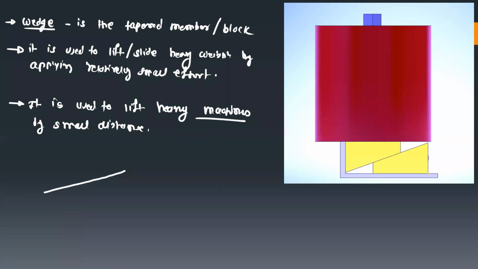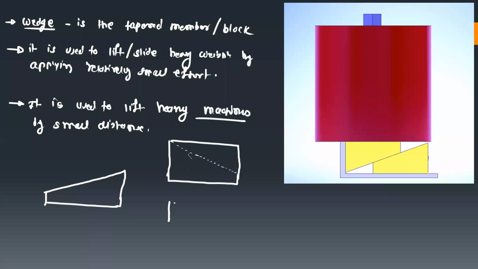So this is the general shape of the wedge. If you consider a rectangular object like this, and if you cut this object along this line, then you can see the wedge shape.